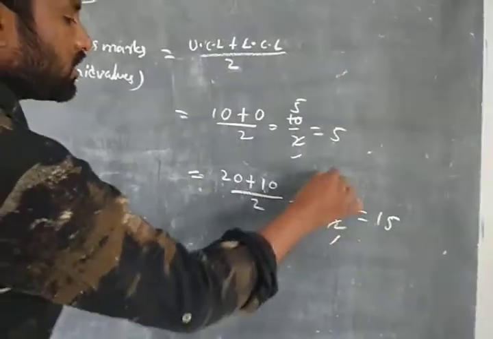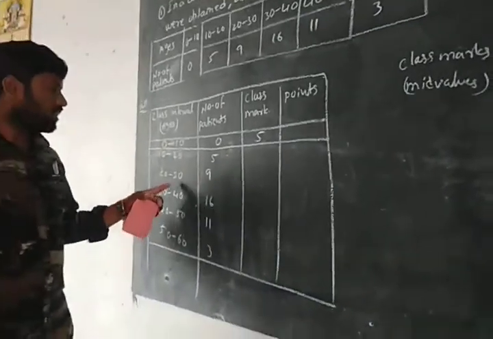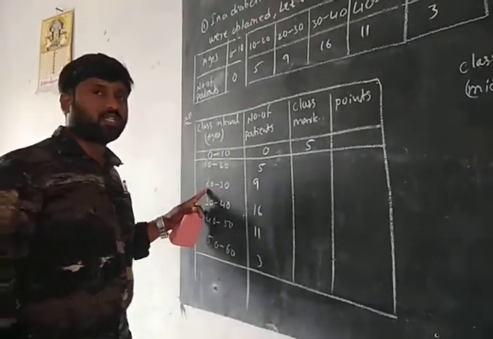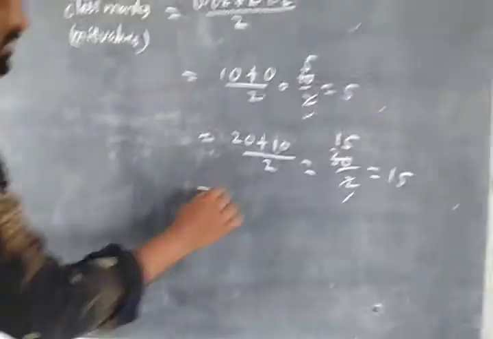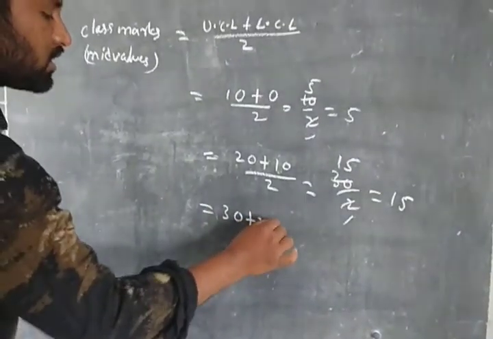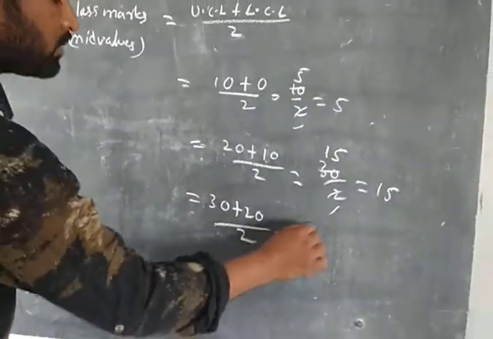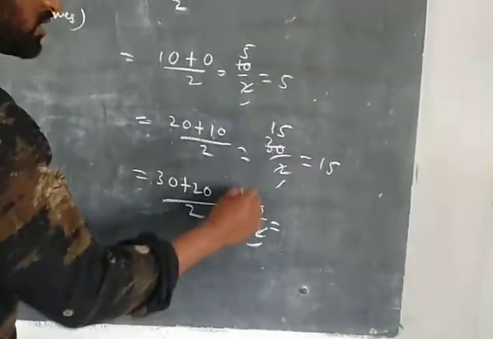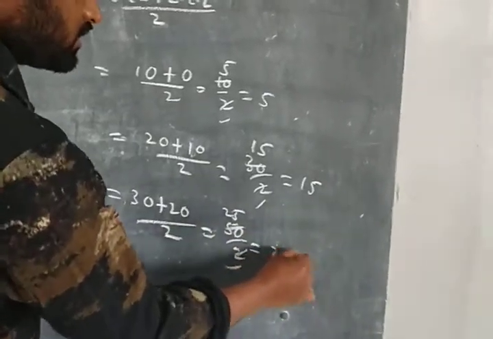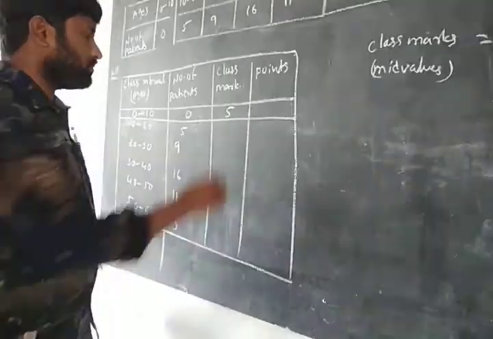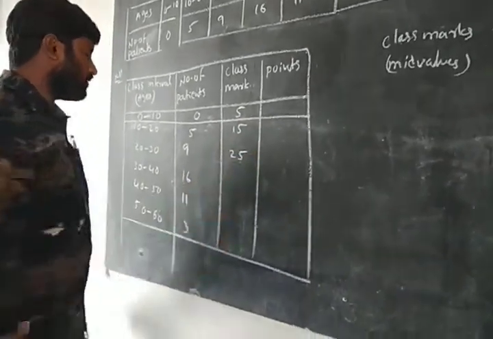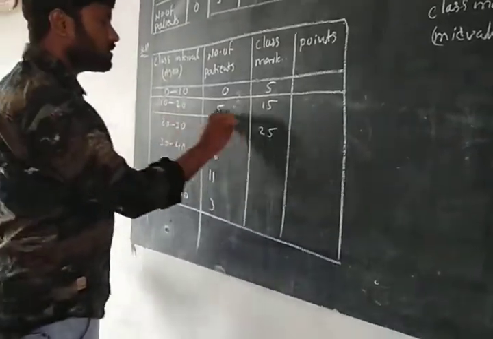Next, the third one: upper class limit is 40 and lower class limit is 20, so 30 plus 20 by 2, that is 50 by 2, which is 25. Then we write 25 here.